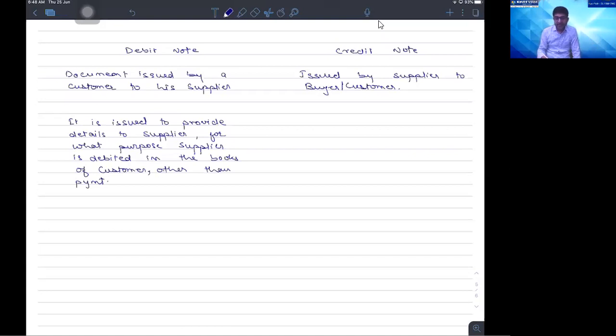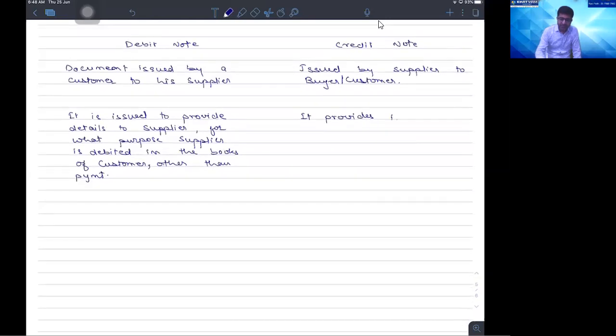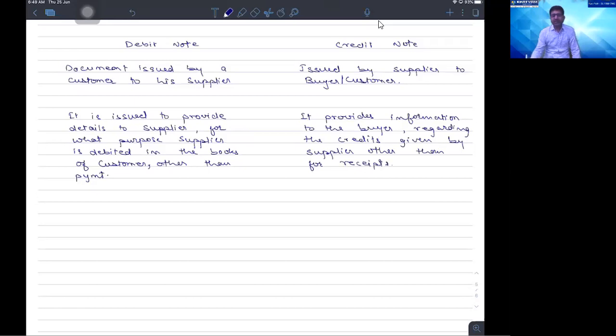Similarly, when supplier is issuing the credit note to the buyer, it provides information to the buyer regarding the credits given by supplier other than for receipts.